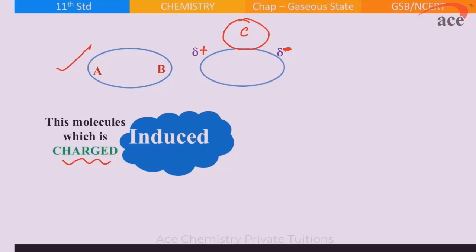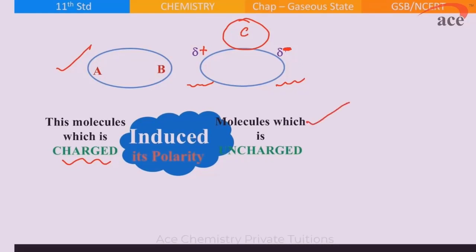Disturbance of the electrons in such a way that electrons go to one side and the positive charge to the other side. And we say there will be induced or produced polarity in a molecule which was uncharged.